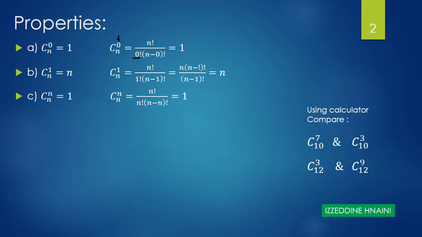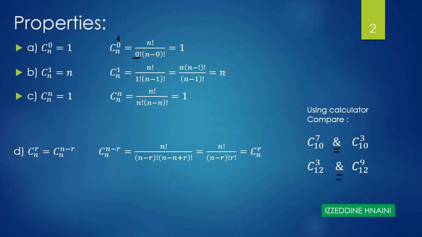Pause the video and compare these quantities using a calculator. We notice that C(10,7) equals C(10,3) and C(12,3) equals C(12,9).